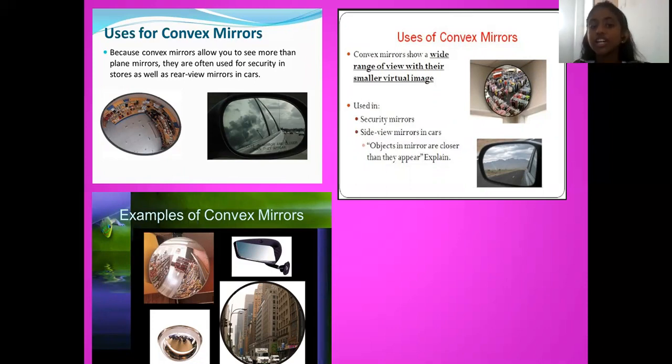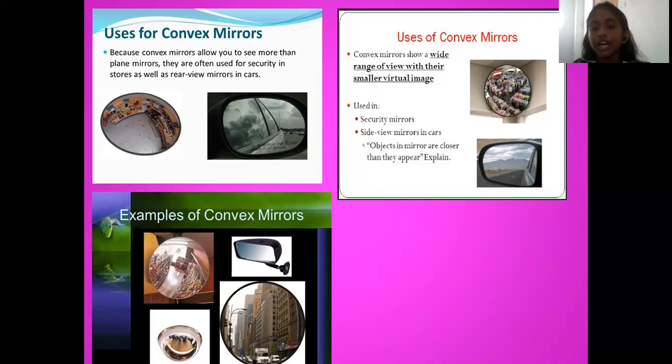Actually, because convex mirrors allow you to see more than plain mirrors, they are often used for security in stores as well as in rear view mirrors in cars. So convex mirrors show a wide range of view with their smaller virtual image.